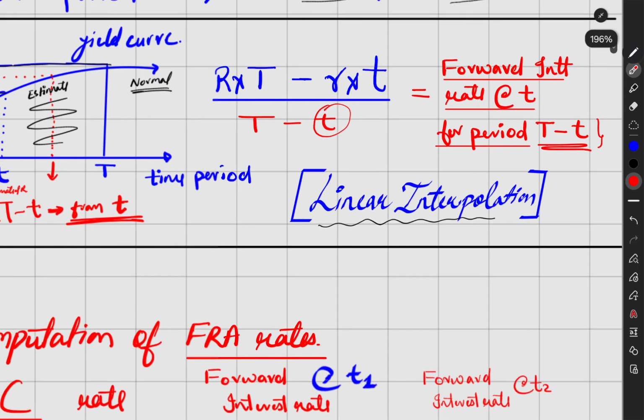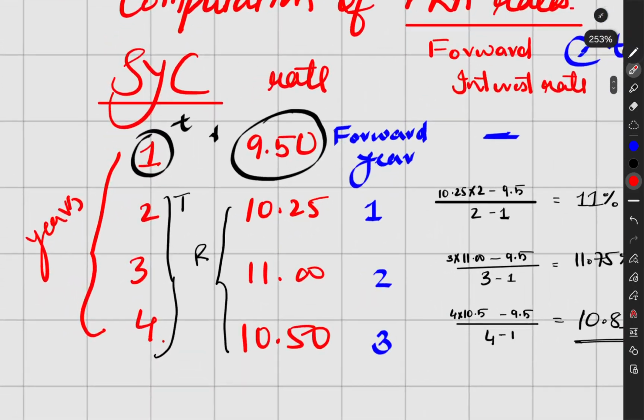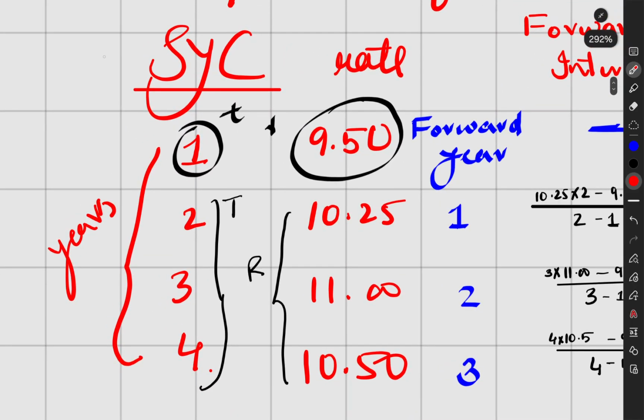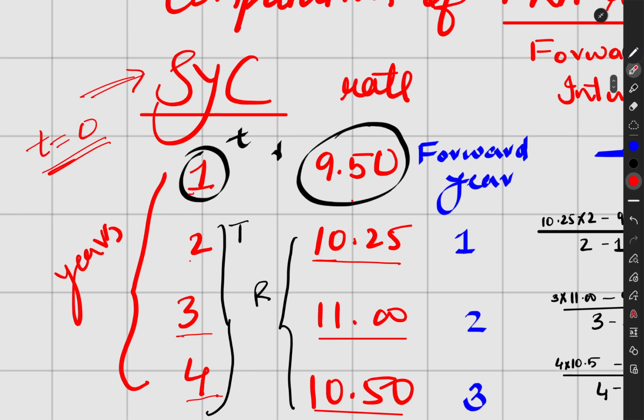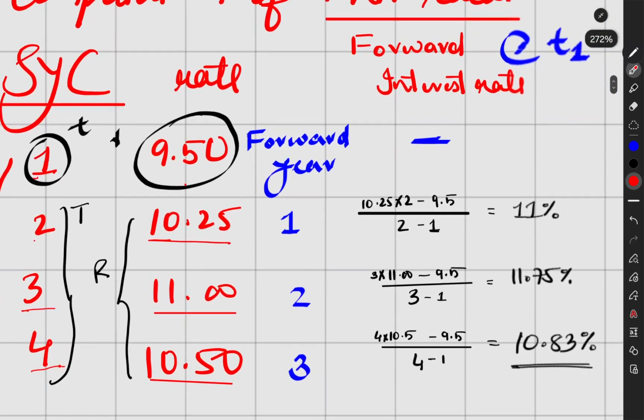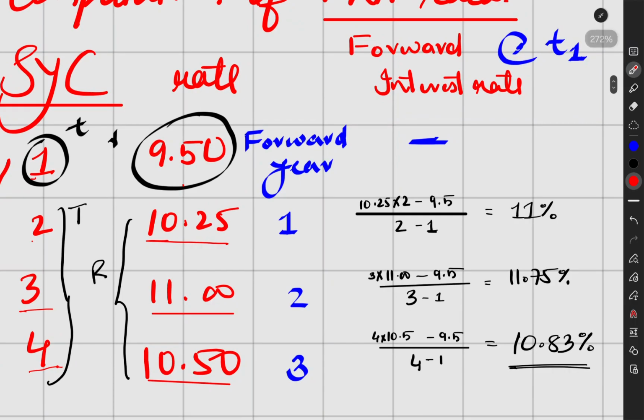Okay, let's look at an example. You have the following data. The spot yield curve, that is the government bonds maturing at T0, at T equals 0, is given as follows. For a 1 year bond, it gives us 9.5. For a 2 year bond, it gives us 10.25. For a 3 year bond, it gives us 11%. And for a 4 year bond, it gives us 10.5. Now, if I want to extrapolate for the first year, what will I do?